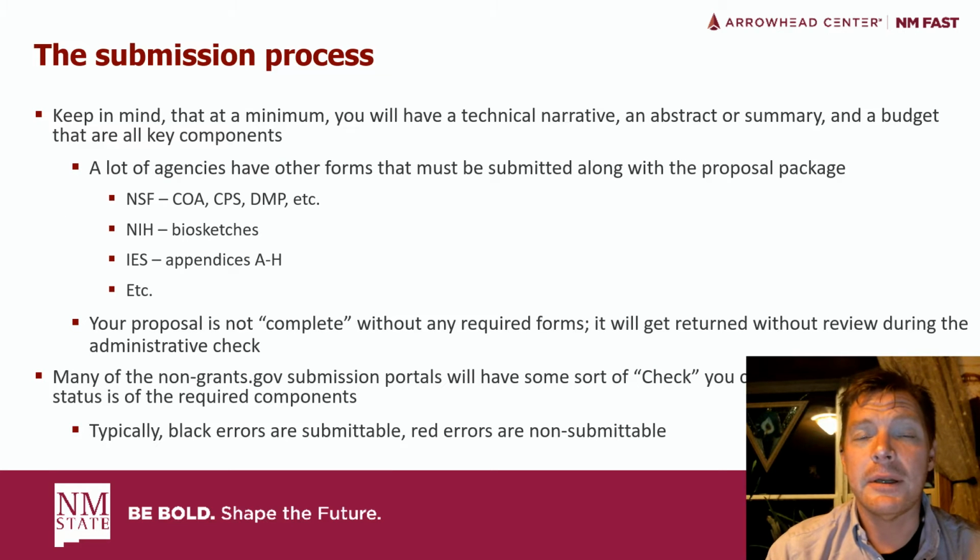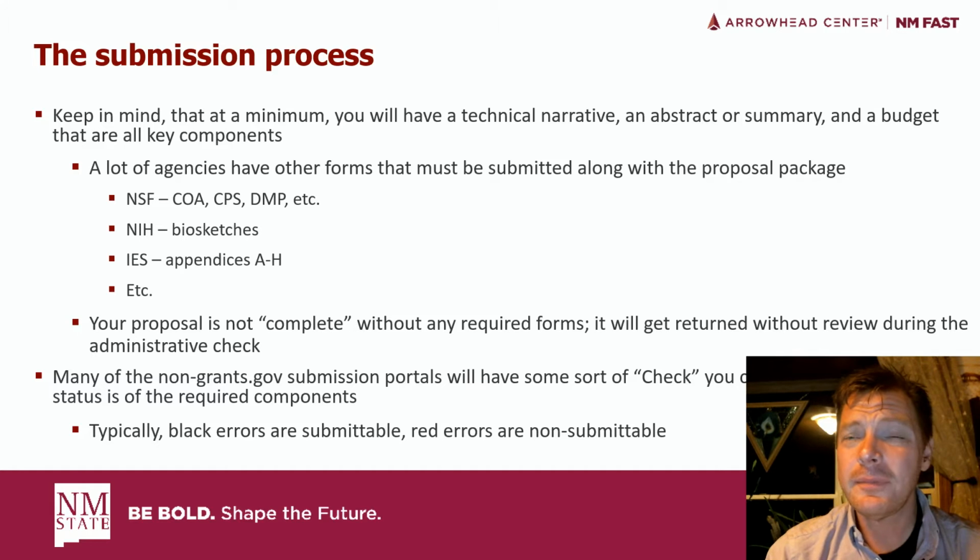So when you are doing that submission process, keep in mind that again, different agencies are going to have different requirements for what go together and go into your submission. At the very minimum, you're always going to have some sort of technical narrative, some sort of summary/abstract, and a budget. It does not matter the agency. Those are going to be three hard things you're going to have.